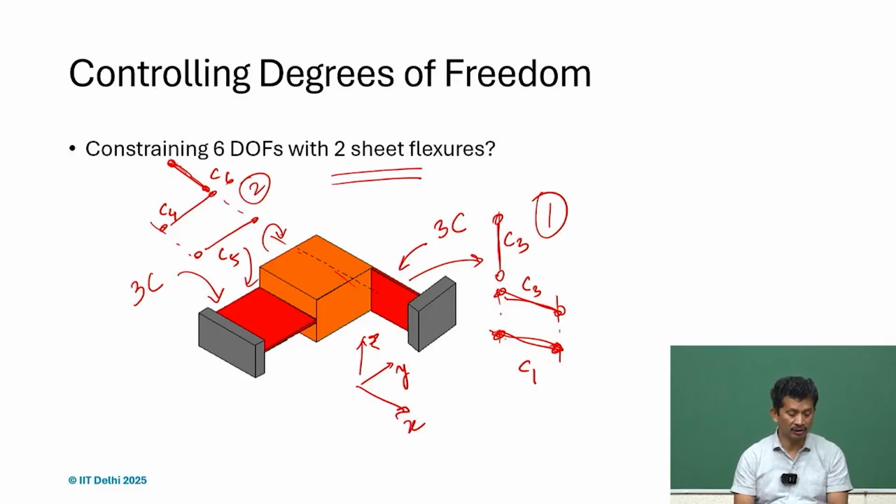It means the rotation along that dotted line is not constrained. And why is that so? What we also realize is that for the constraints along that line, C1, C3 and C6 are all along the same line.